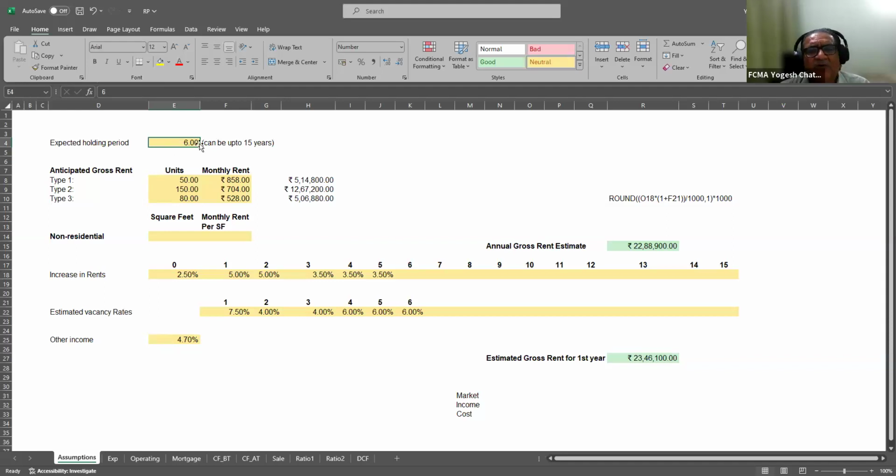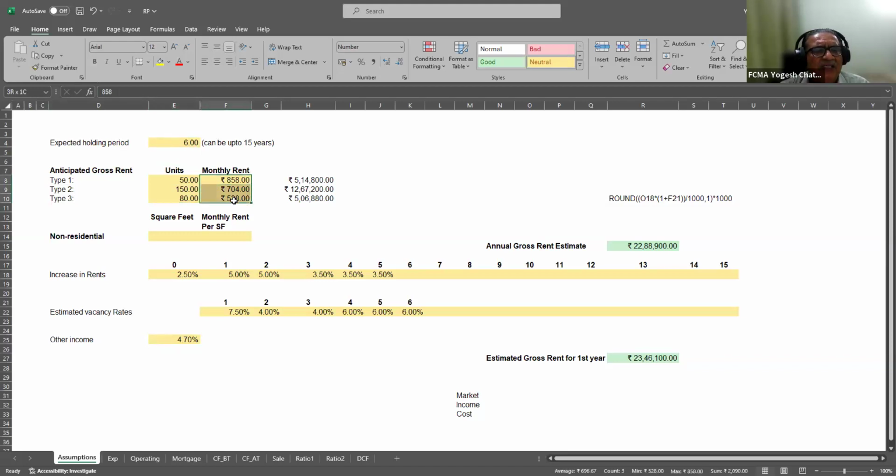So here, for knowledge sharing purposes, I have taken 6 years, and there are three types of unit. We have the one bed apartment, the second bed apartment. The number of unit type 1 is 50, unit type 2 is 150, and unit type 3 is 80.